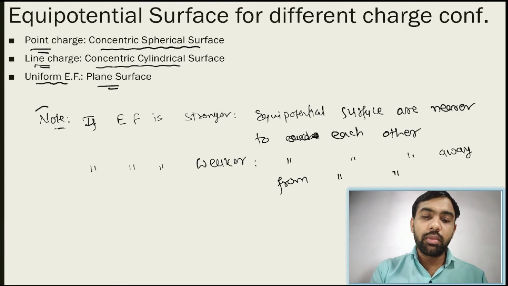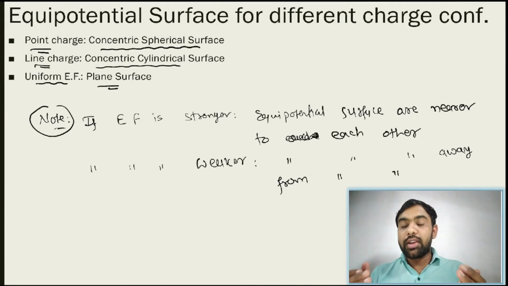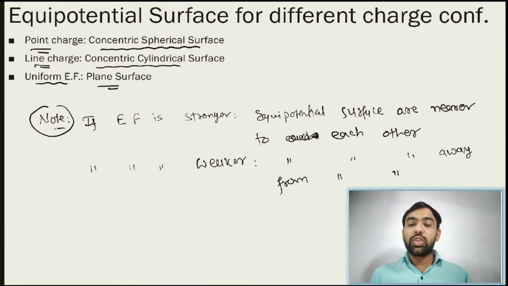So you must note it because it is helpful to solve different MCQs. Okay, when this type of question is given in the examination, you must use this concept. If the electric field is stronger, the equipotential surfaces are near to each other; if it is weaker, they are away from each other. Okay, so note this.